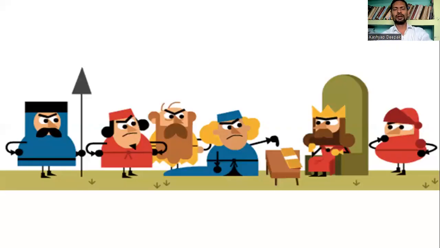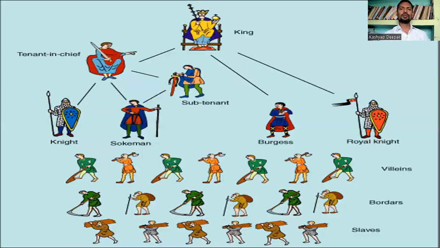The most important point is that the king had superpower at that time, and no one could question the king, and that's why he became cruel. It is said that too much power corrupts. This happened with the king, and cruelty was inflicted upon the people. Being superior, he disrespected all, whether the tenant in chief, subtenant, knight, sockman, borders, or royal knights, so all had no value.